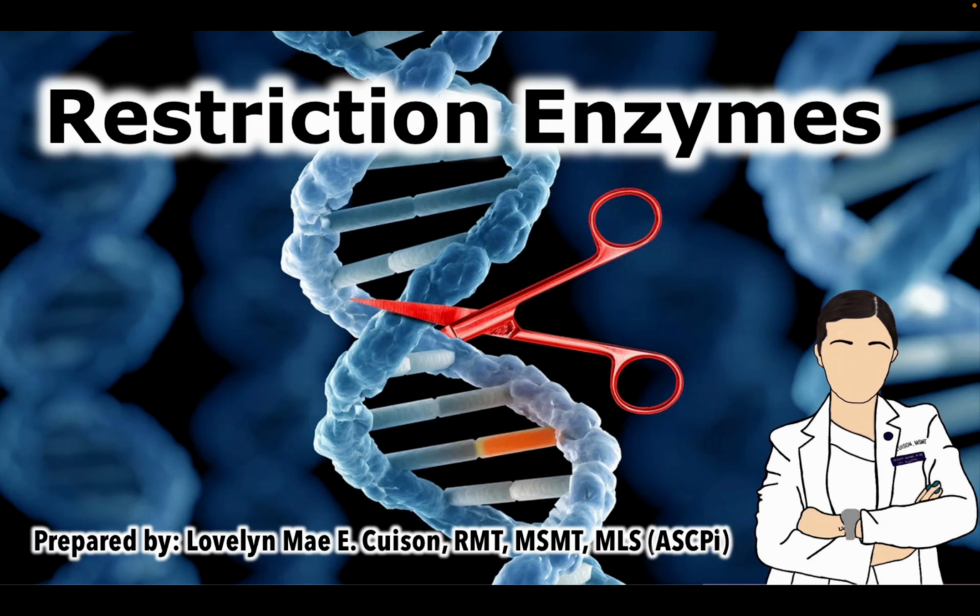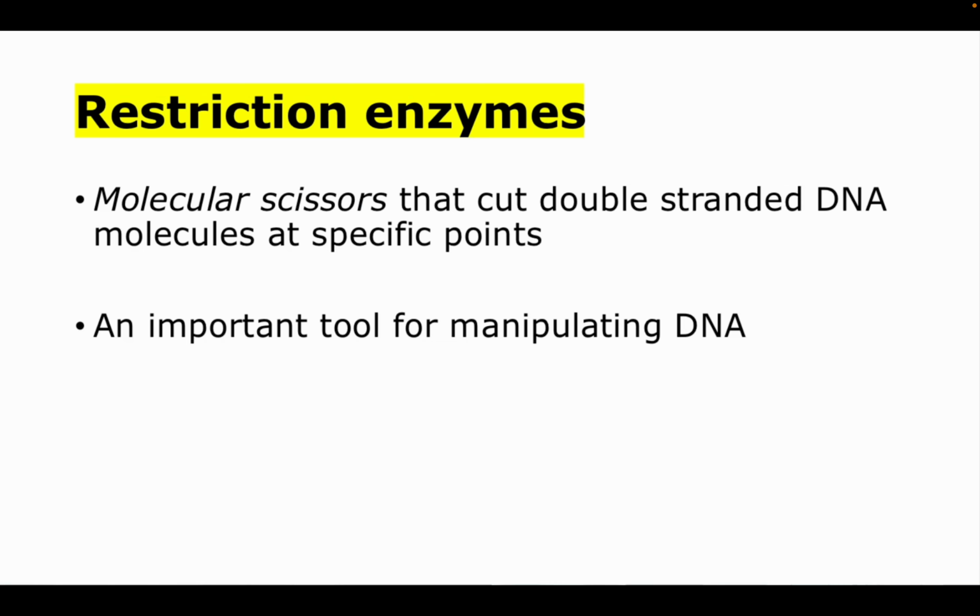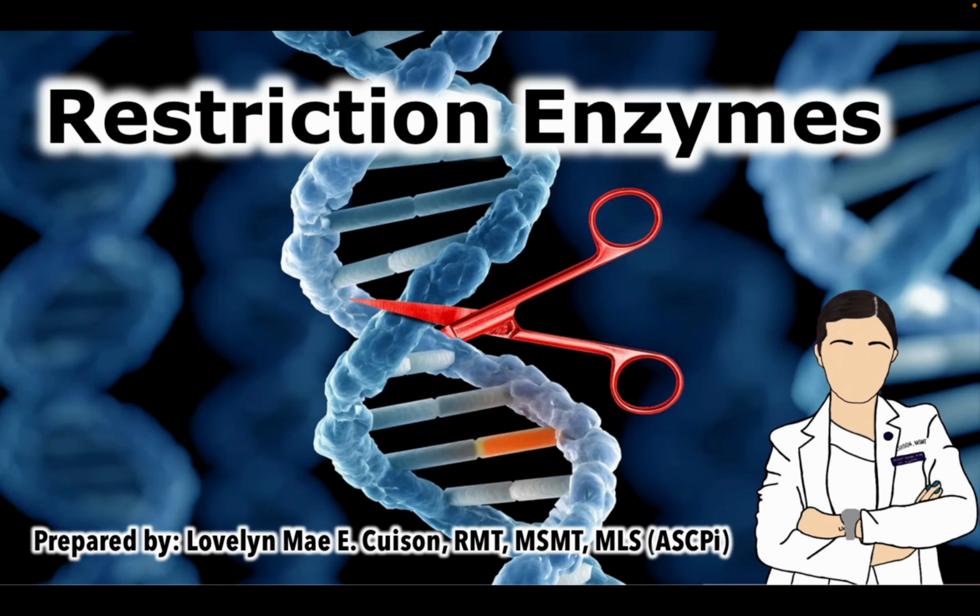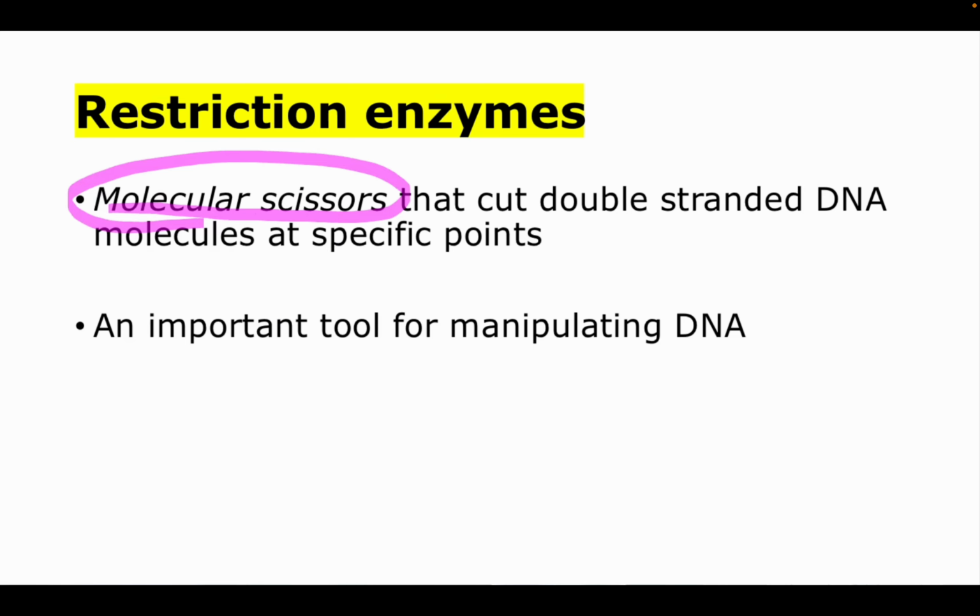Let me define restriction enzymes first. The layman's definition of a restriction enzyme is that they are molecular scissors. Going back to the first picture I showed you, there is a scissor cutting the double-stranded DNA.